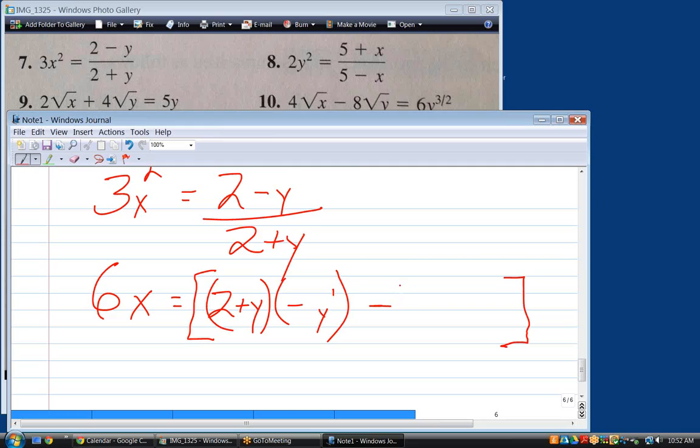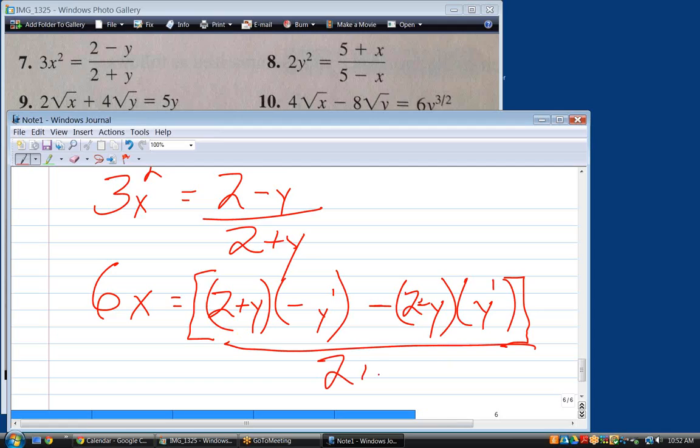Because what's the rest of it? The rest of it is 2 minus y times plus y prime. And underneath? Underneath is 2 plus y squared.